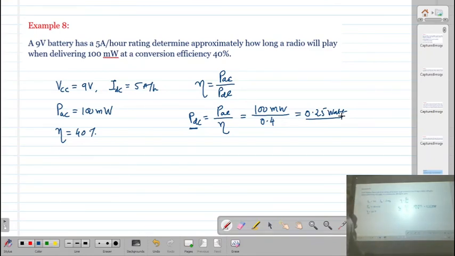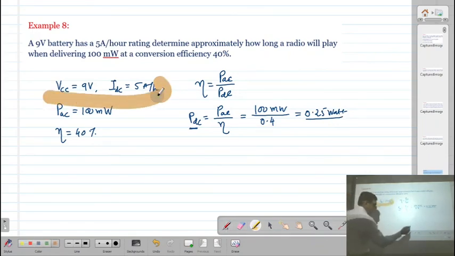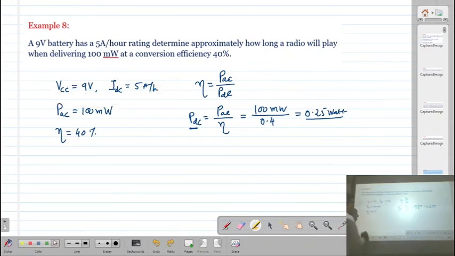Okay? Then this battery is providing a DC current of 5 ampere-hours.